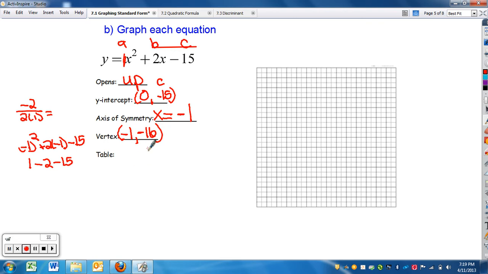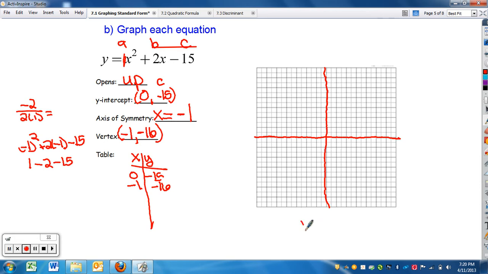Let's do my table of values. I know I have 0, negative 15, and negative 1, negative 16. I'm noticing as I'm doing this that my numbers are a little bigger, which tells me I'm more than likely going to have to change my scale. Okay, so drawing my grid lines.